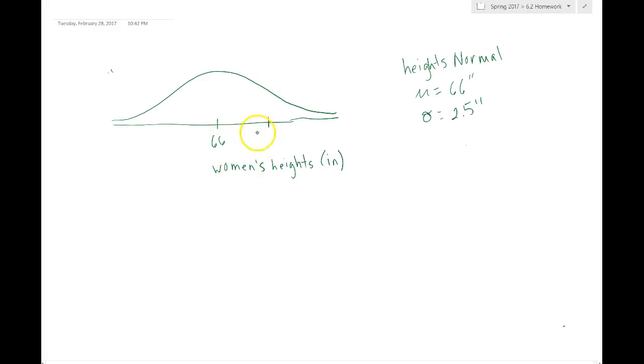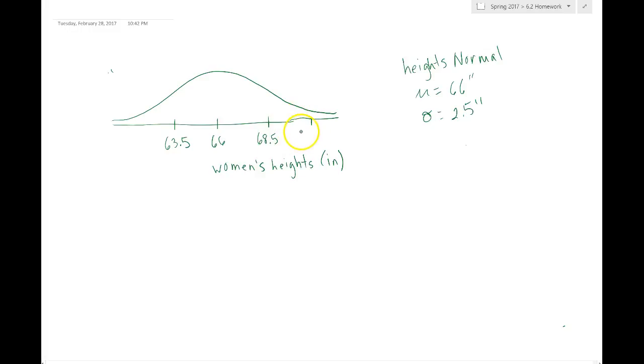So I'm going to add 2.5 to the 66 to get 68.5 on the right. I'm going to subtract 2.5 on the left to get 63.5 inches as my one standard deviation below. Then I can continue with that same distance.